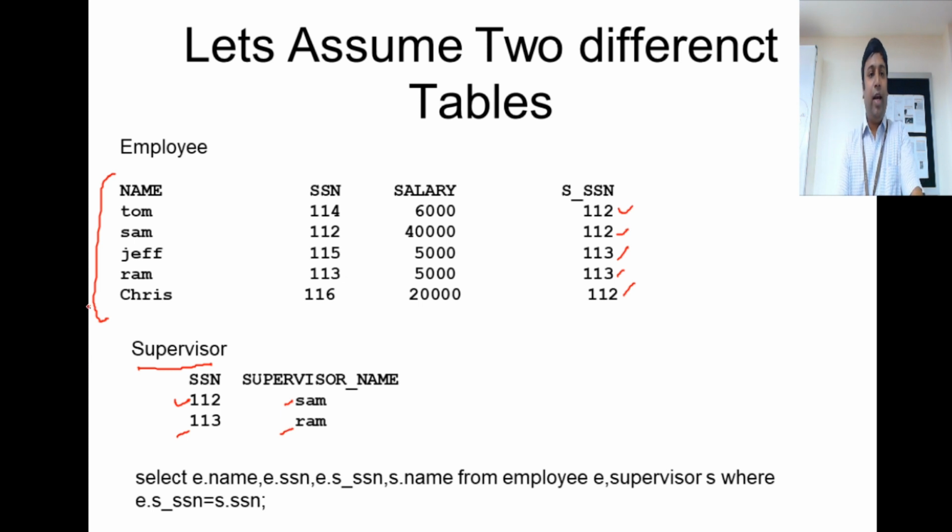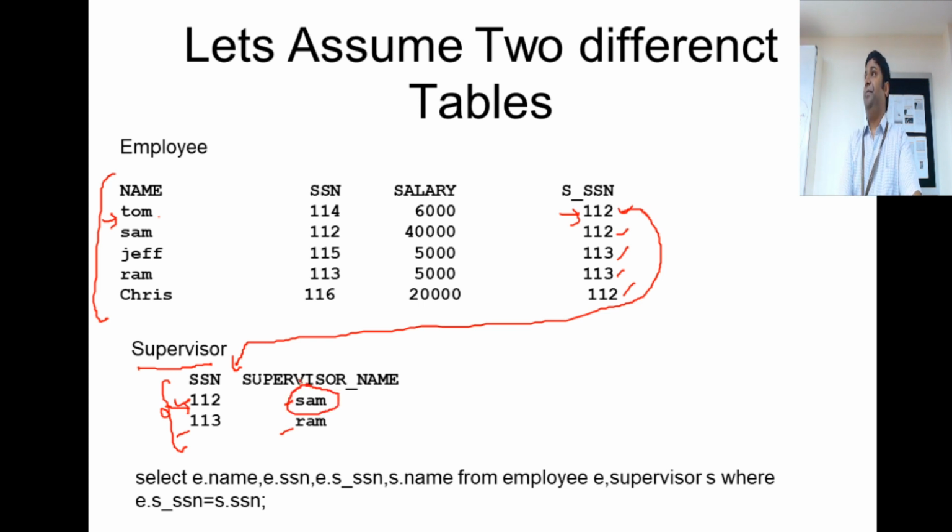Suppose I want to find the supervisor of Tom, how will I find that? I'll find the supervisor SSN, and this supervisor SSN I'll take and do a comparison in this table, like what we did for Equi Join, right? So when there is a match, 112 matches here, I'll say this is the supervisor name.